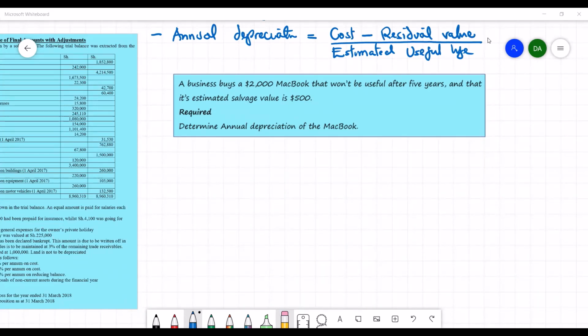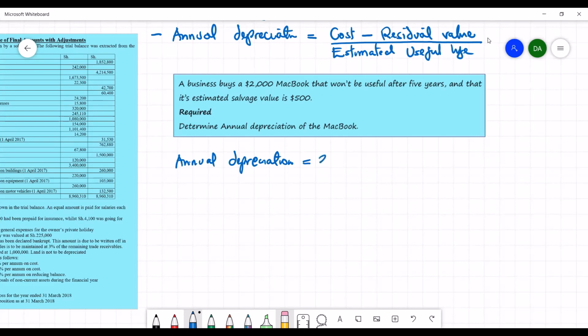Annual depreciation equals the cost minus residual value divided by estimated useful life.